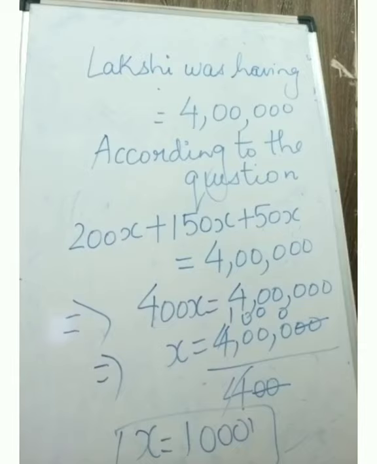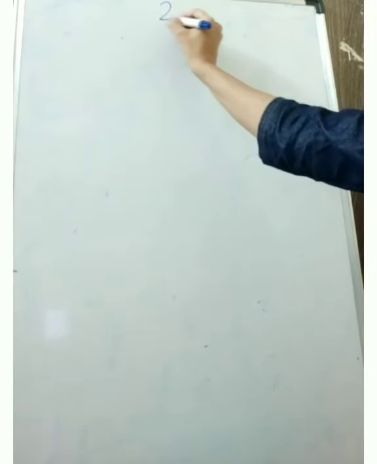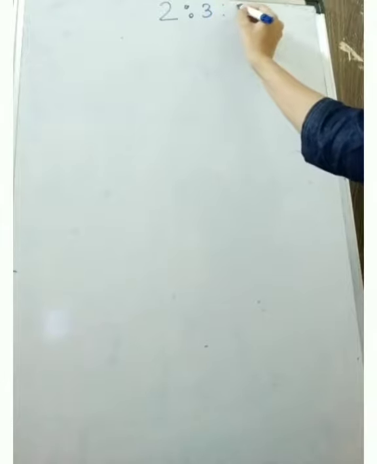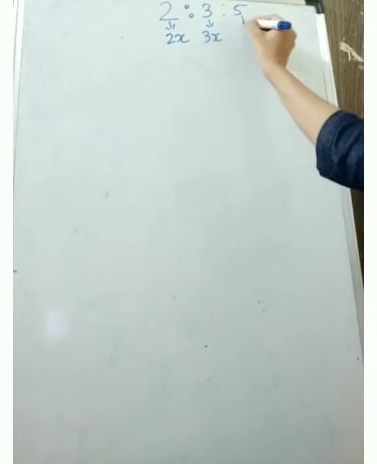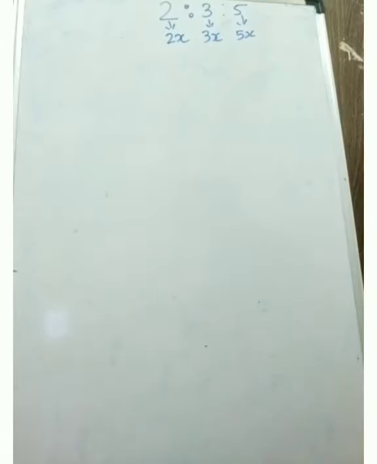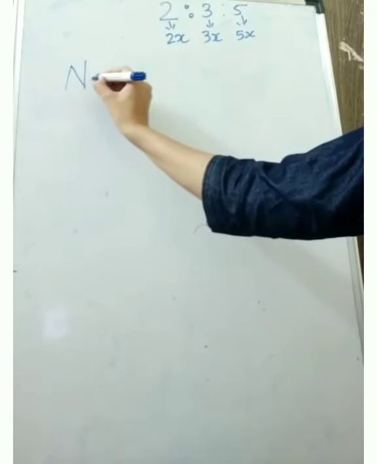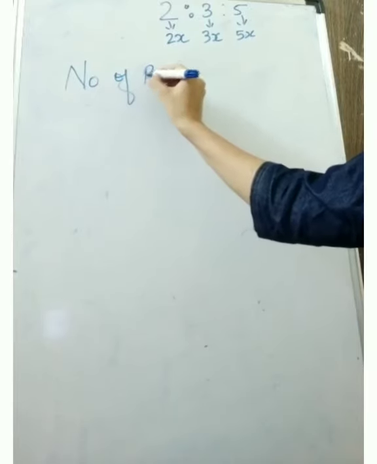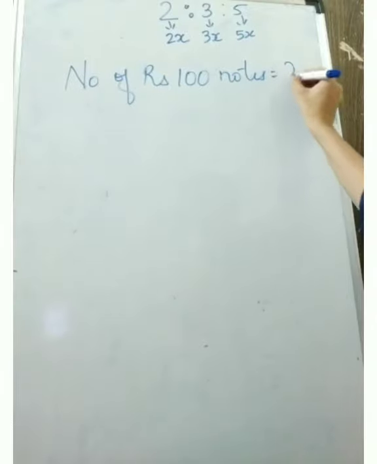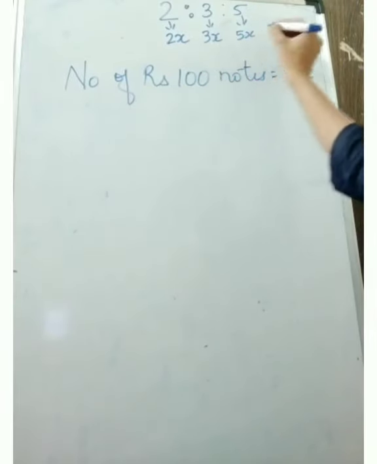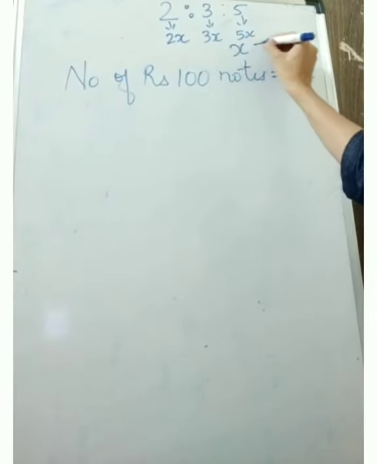Now we have to find out the number of 100 notes, number of 50 notes, and number of 10 notes. Since the ratio was 2:3:5, for 2 we have written 2x, for 3 we have written 3x, and for 5 we have written 5x. So number of rupees 100 notes was 2x, and the value of x is 1000.